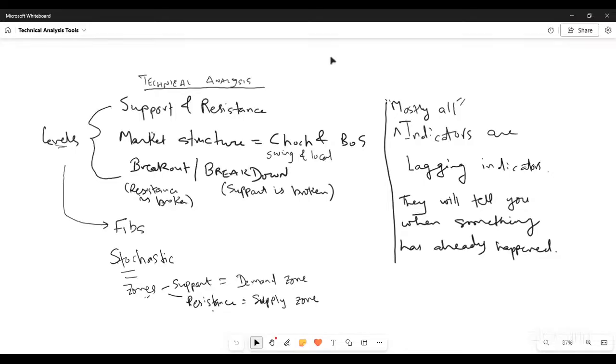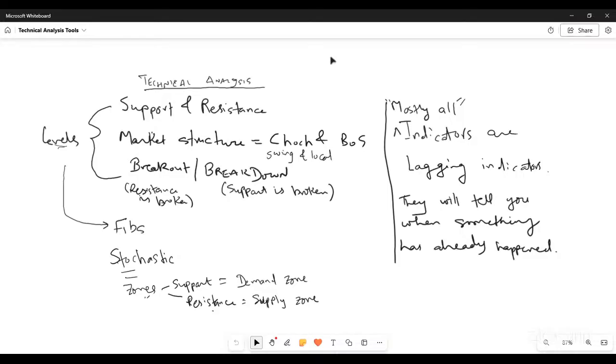By the time these indicators pick up the past price action and volume action, things are already late. That's why I said all the indicators are lagging indicators. They tell you something when it has already happened.